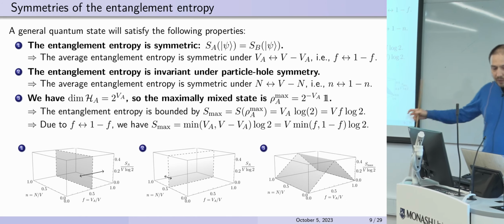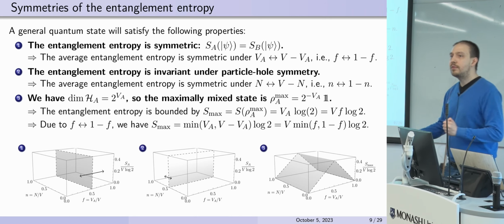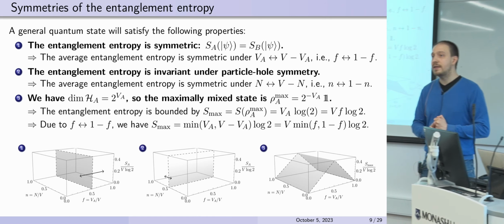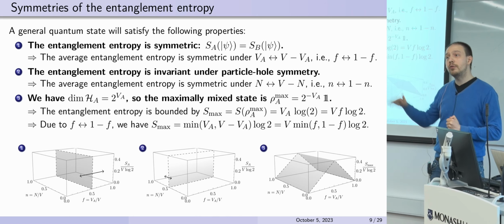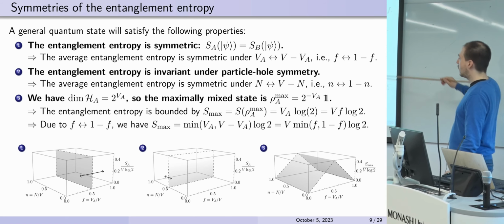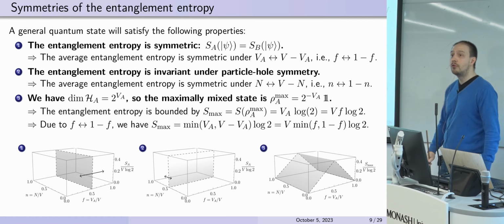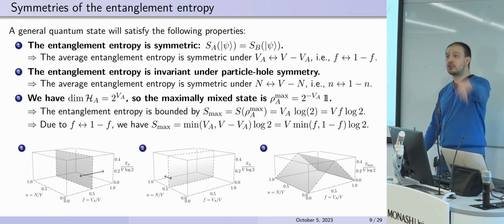And finally, as mentioned before, due to the finiteness of the Hilbert space dimension, there is an upper bound to the entanglement entropy, and together with the symmetry, that will define for us such a triangle, or in this 3D plot, a roof under which any entanglement entropy will be.